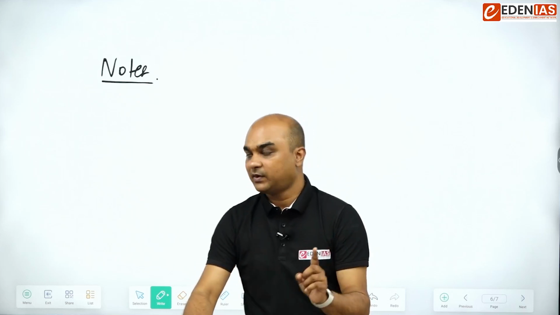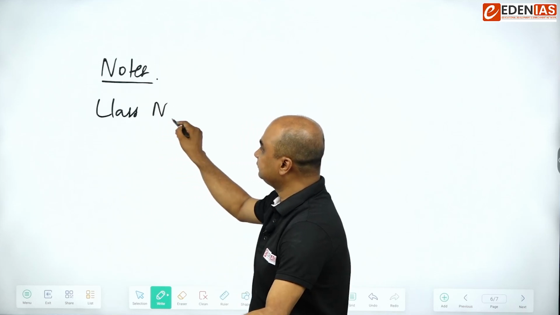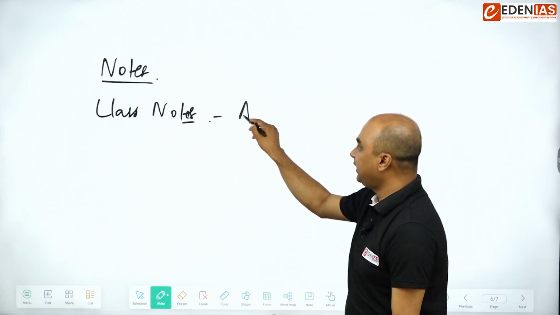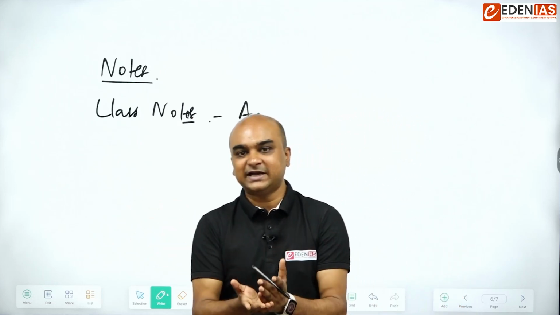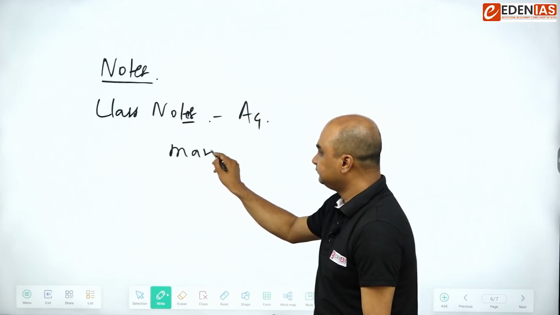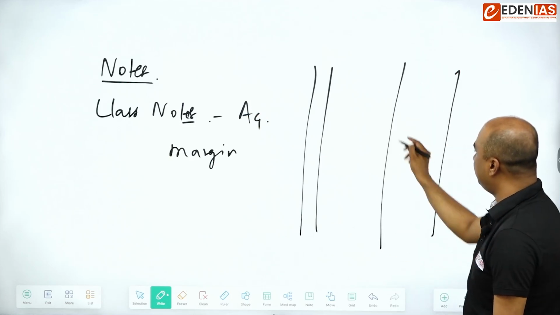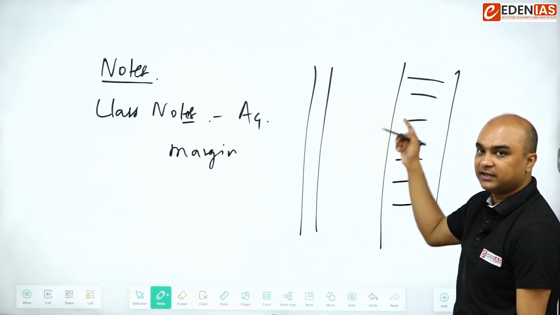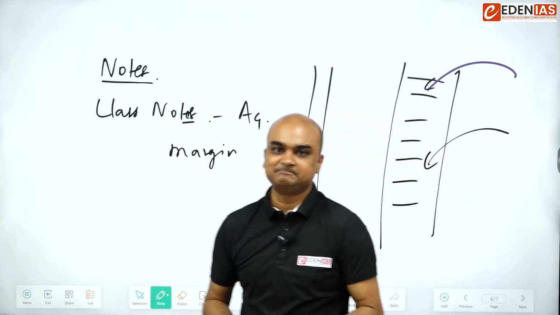Okay, that's why what you have to do is that your class notes, usko aap ye kar sakte ho that you make it on open A4 sheets, so that if you get a new idea related to the same topic, you can always attach. Or if you are writing in register, keep a margin on the right side, especially a big margin, where you can always write new things about the same topic if you gain new knowledge from the books or from other resources.